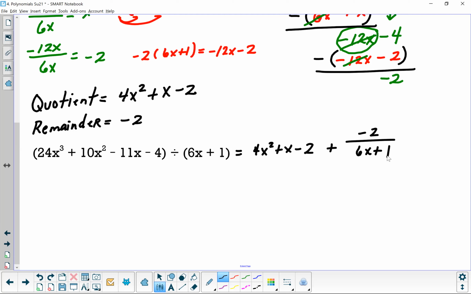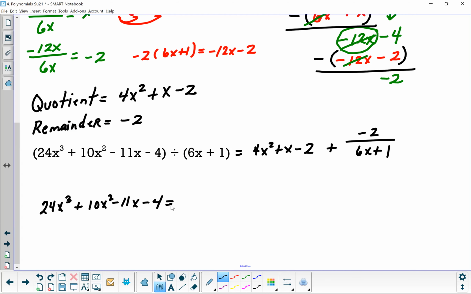Okay. And another way to put this is we can say our dividend, which is 24x cubed plus 10x squared minus 11x minus 4, right?